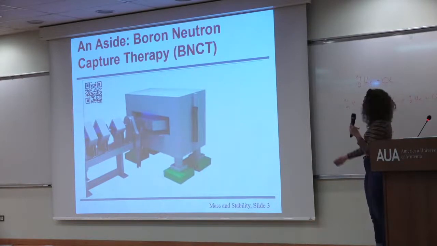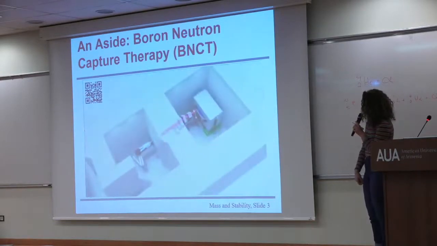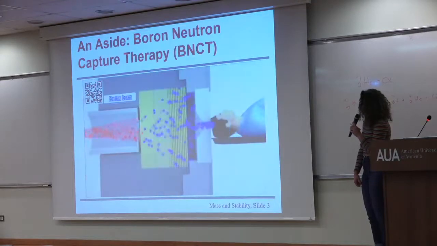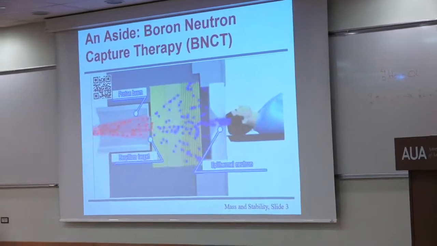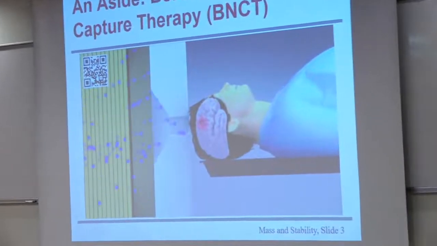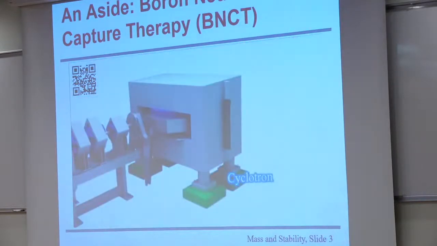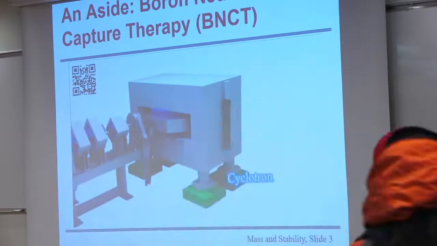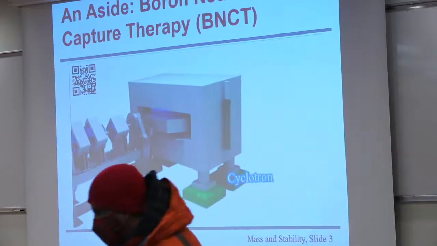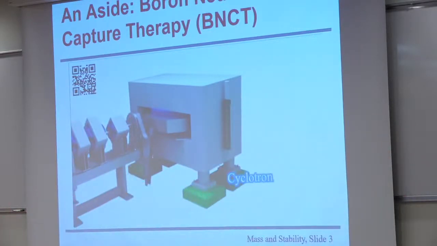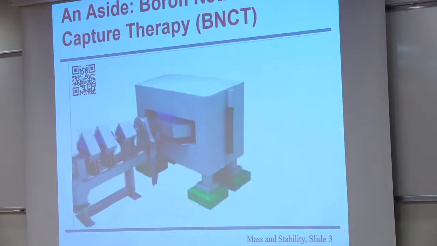BNCT, a treatment performed to selectively destroy cancer cells injected with a boron compound, is done with a minute amount of neutrons that are irradiated to cause a nuclear reaction in the boron-injected cancer cells. First, protons are accelerated to an energy level of 30 megaelectron volts and to about 25% of the speed of light by the cyclotron, which is a circular accelerator dedicated to cancer treatment.